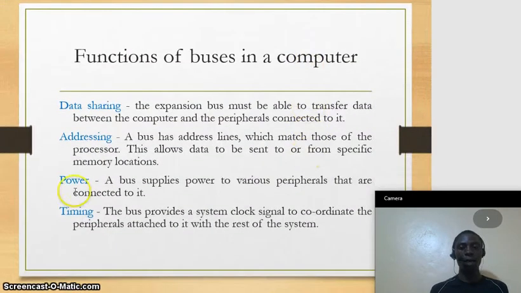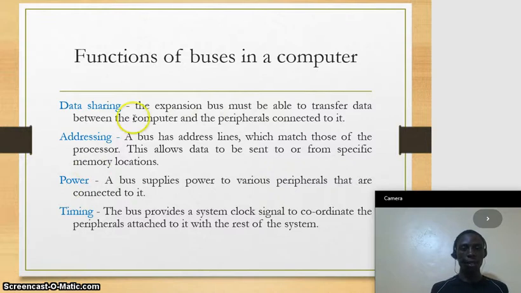We have what we are calling functions of the bus in the computer. One, of course, we have said, is communication. So data sharing. We have data sharing, we have addressing, we have power, we have timing.